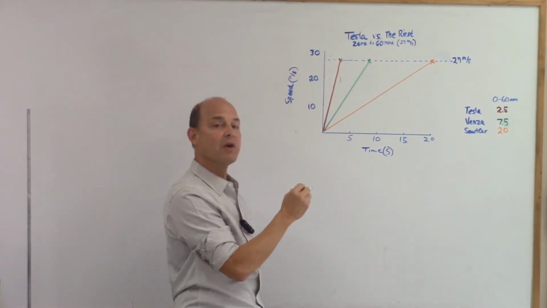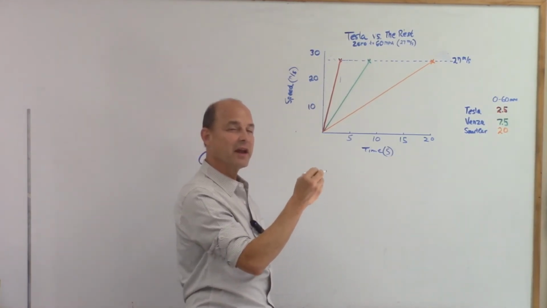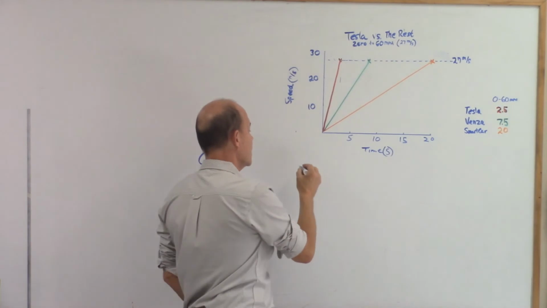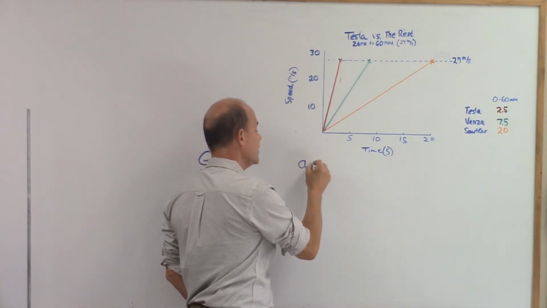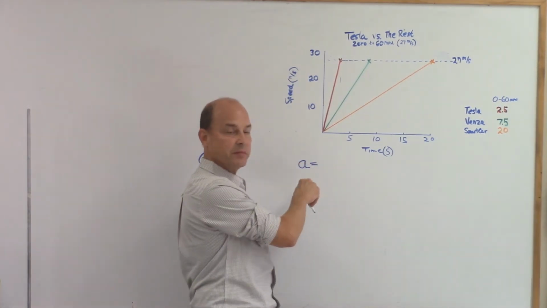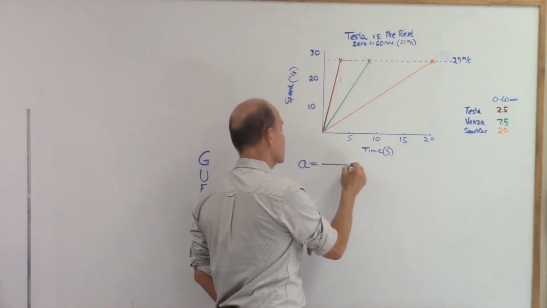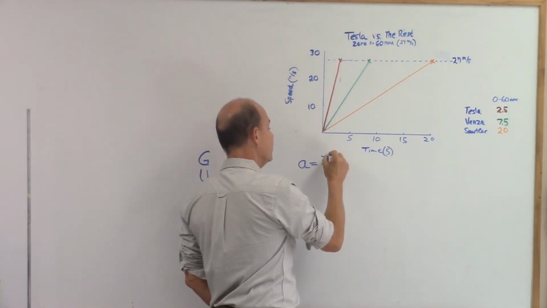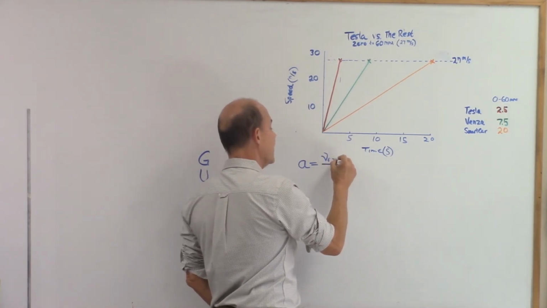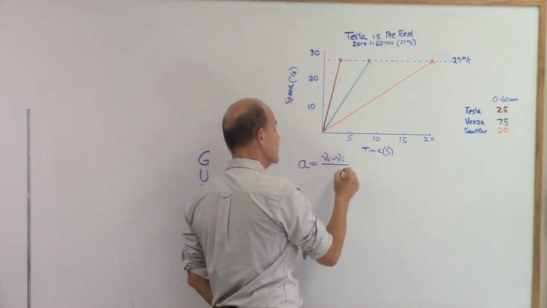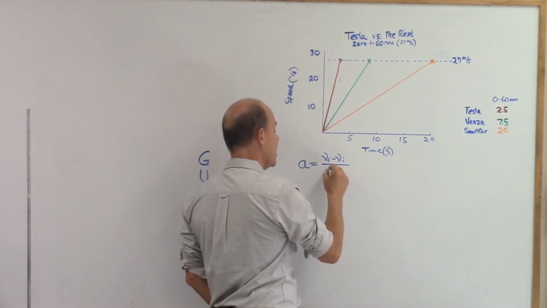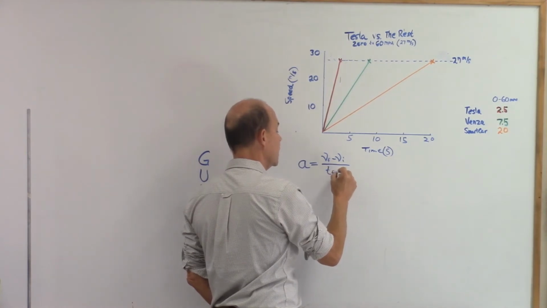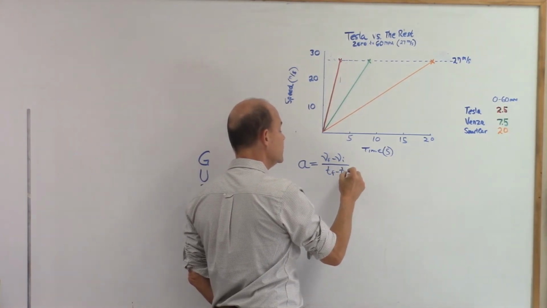First, let me write down the equation, and then I think that will help. So our equation for acceleration, I'm going to use the symbol A, is equal to our final velocity minus our initial velocity divided by our final time minus our initial time.